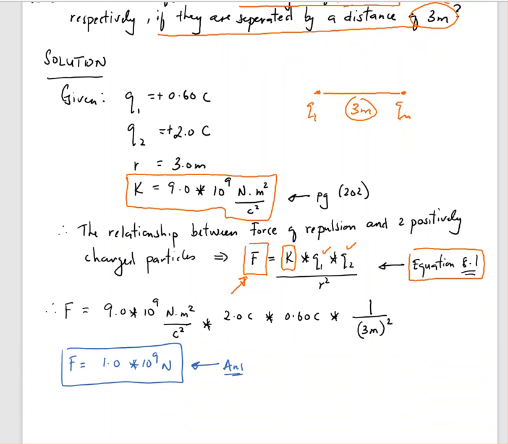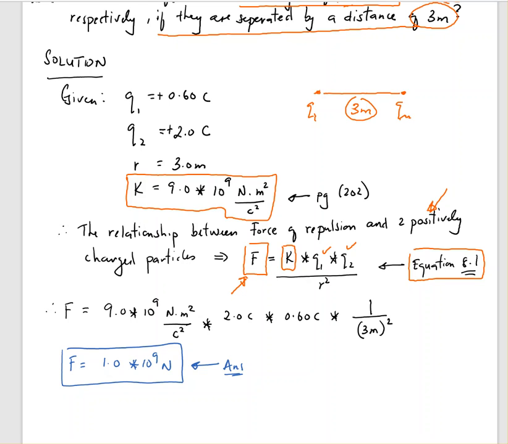So, the actual force of repulsion, since they're two positively charged particles, there's going to be some repulsion. It's like trying to bring two South Pole magnets together. They're going to repel because they're the same side.